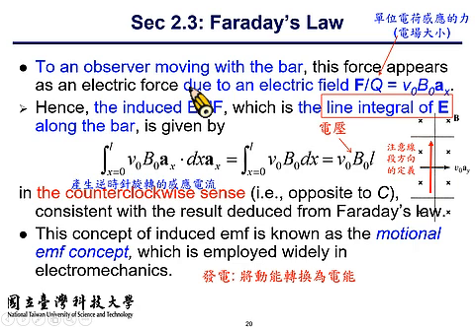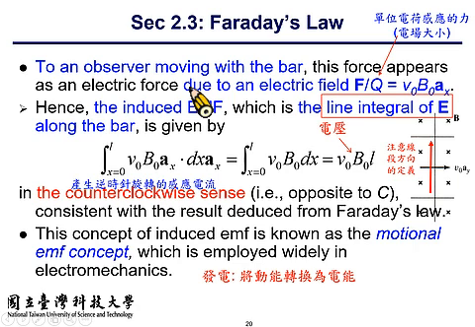So if you balance the two equations, you will find the electrical field E equals V sub 0 times B sub 0.